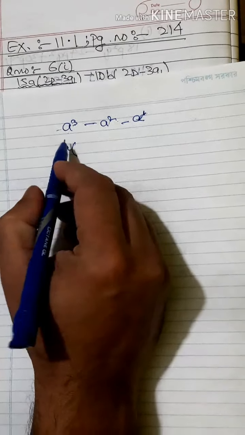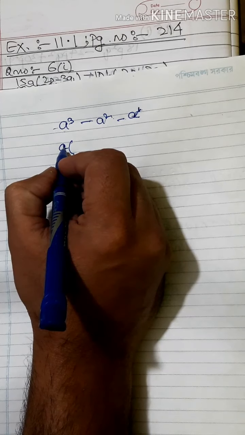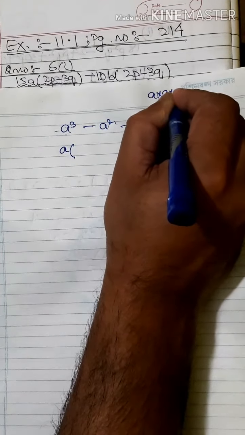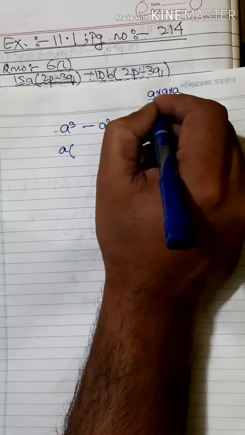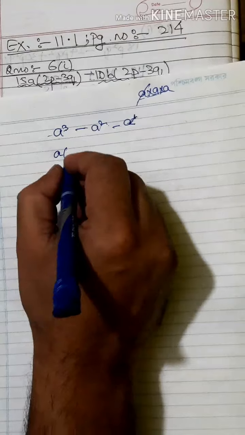Now we'll write down the leftovers. Out of the a cube, if we have taken a outside, what is left over? a cube means a into a into a. If we have taken one a common, how many a's are left? 2a's. So a square is left over.